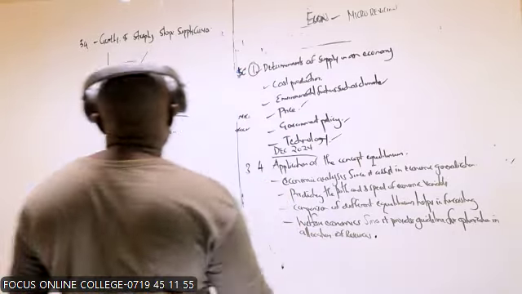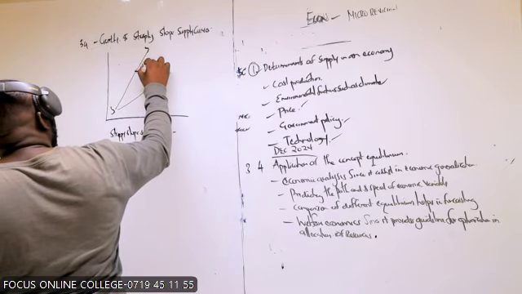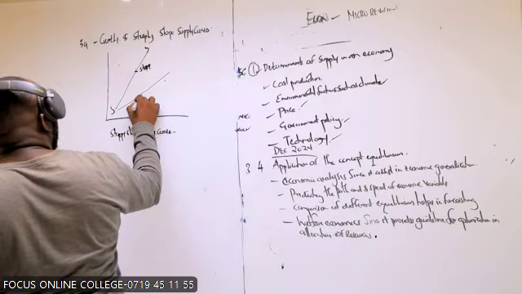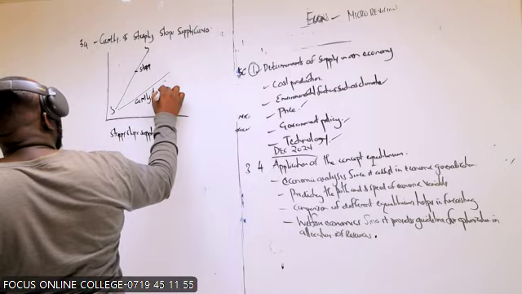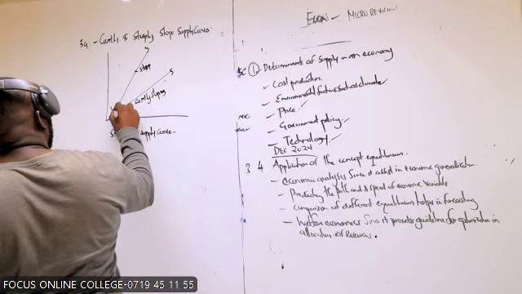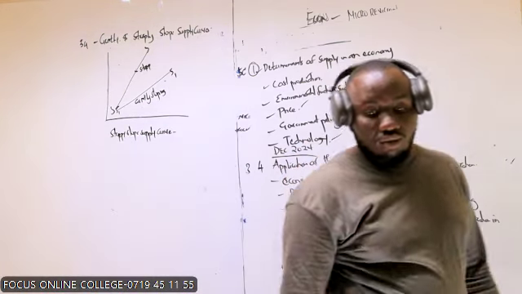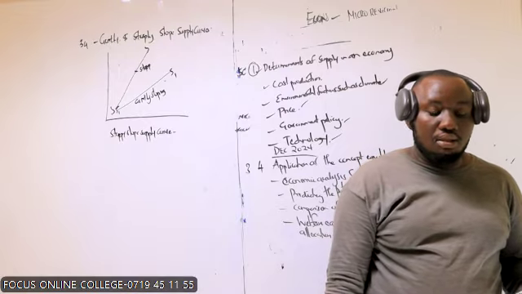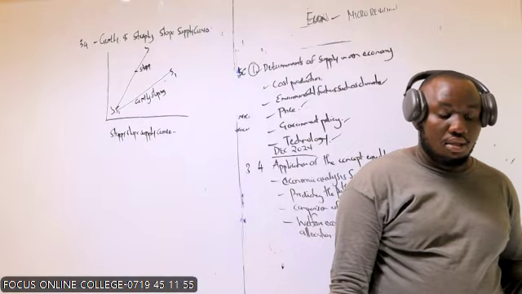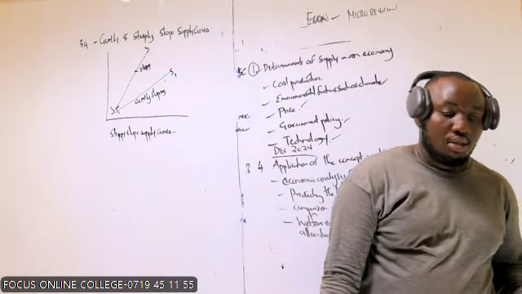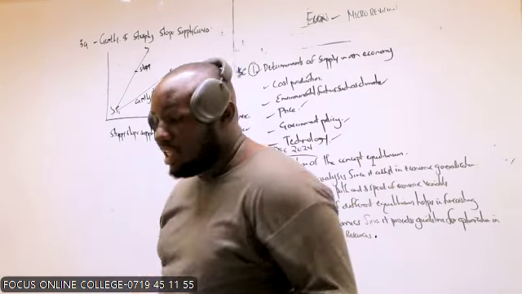So this is a steep one, and this is gently sloping. Are you able to see that? Give me a yes. One is steep, the other one is gently sloping.